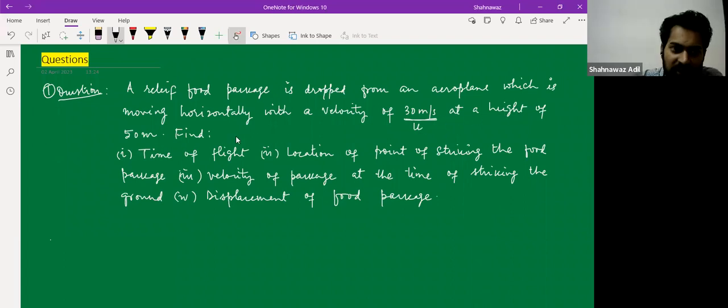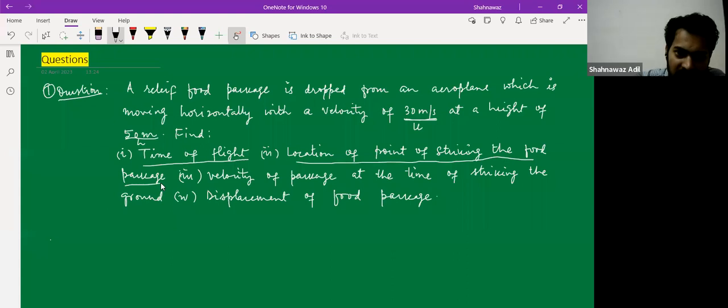At a height of 50 meters. So this is what? H, right. So they are asking to calculate the time of flight. Okay. The location of the point of striking of the food package. So this is what?